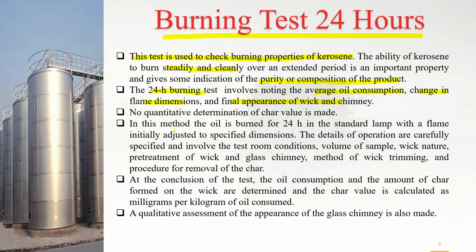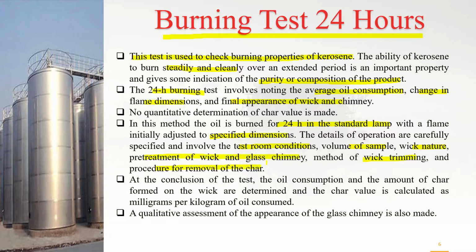So, in this method, oil is burned for 24 hours in a standard lamp. There is a standard lamp with a flame adjusted to some specified dimensions. The details of operation are carefully specified and involve the test room conditions, volume of sample, wick nature, pre-treatment of wick and glass chimney, method of wick trimming, and procedure of char removal.